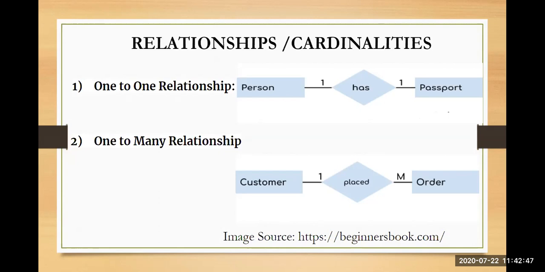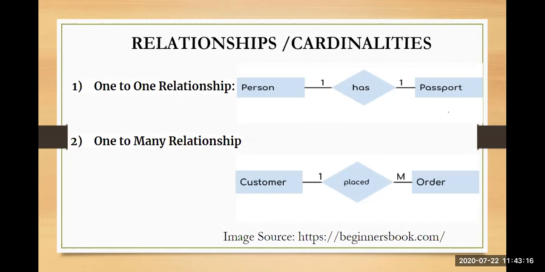It is when a single instance of an entity is associated with a single instance of another entity. For example, a person has only one passport and a passport is given to one person. You can see the example over your screen. Entity one is person, entity two is passport, and 'has' is the relationship.